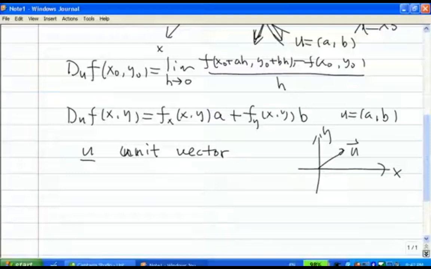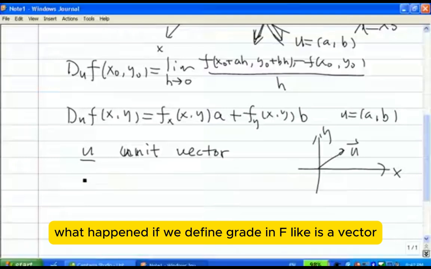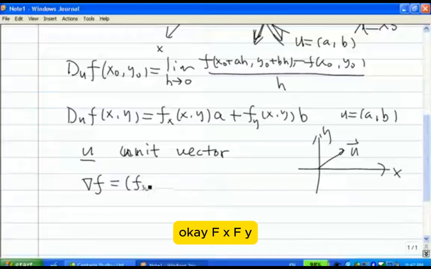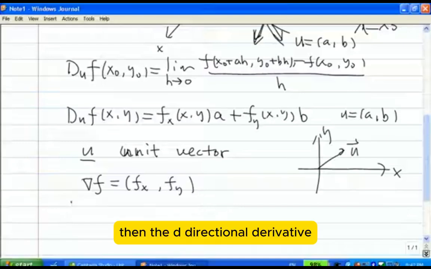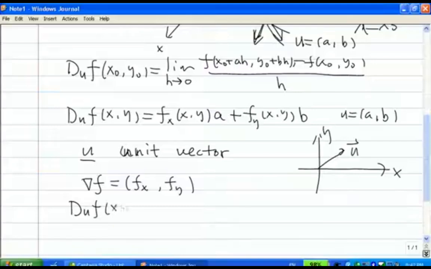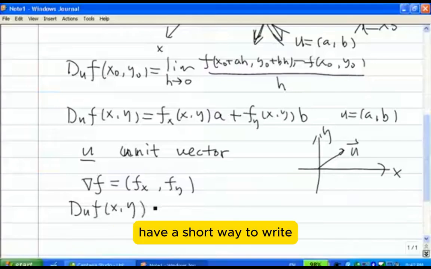Now if we define the gradient of f as a vector (f_x, f_y), then the directional derivative has a short way to write it: gradient f dot u.